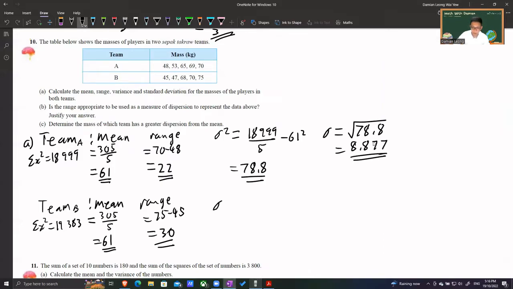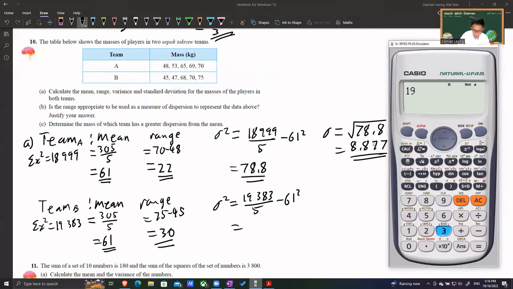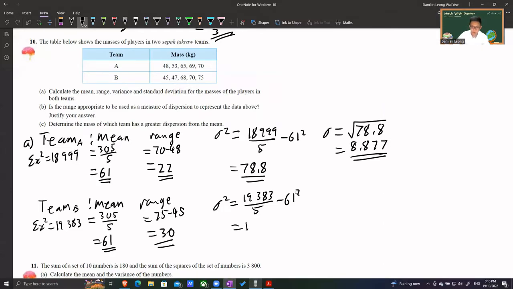And for team B, variance, 19383 over 5 minus 61 square. 19383 divided by 5 minus 61 square, 155.6.